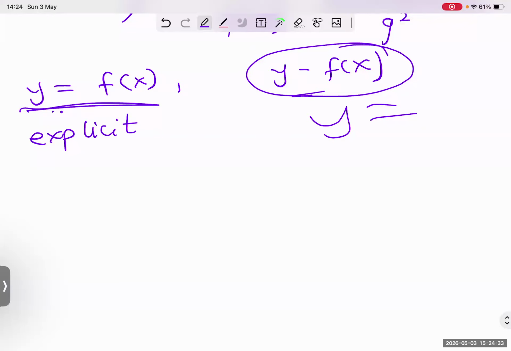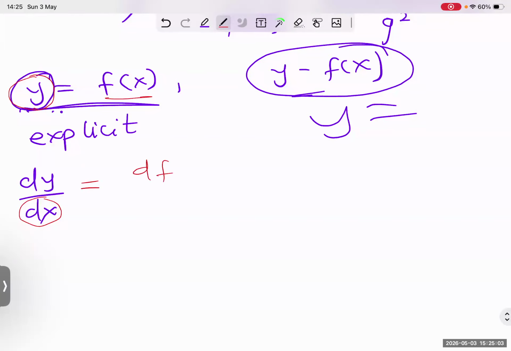Therefore, differentiating it, we just differentiate the left-hand side, that would be dy/dx, indicating that we have differentiated variable y with respect to variable x. That is why we write dy/dx on the left-hand side. If y is equal to f of x, y is said to be in its explicit form. Therefore, to differentiate it, we simply write dy/dx is equal to d(f of x)/dx.